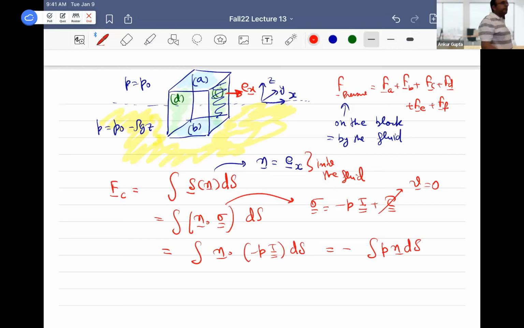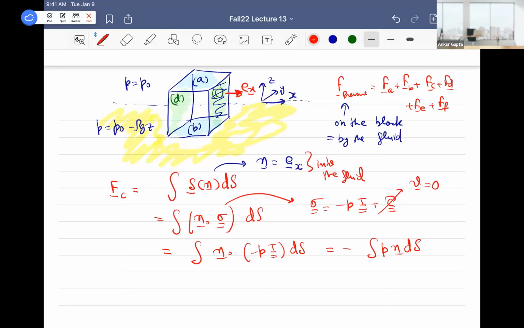Now, could someone tell me anything interesting to see here? This is maybe a vague question, but what I'm looking for is a correct characteristic of this pressure force, looking at the sign of this equation. This is a result that has stayed with me for a very long time.